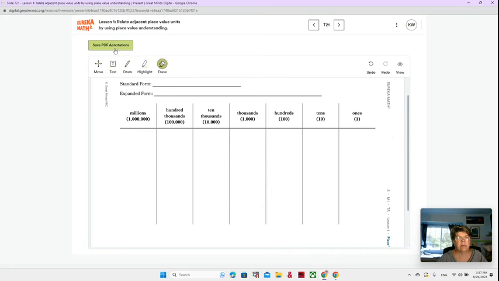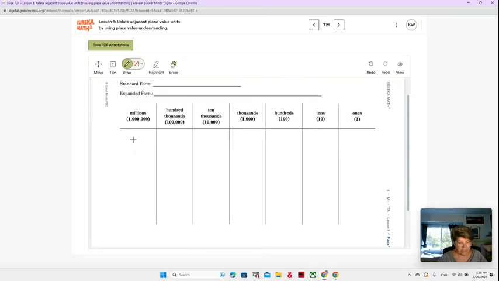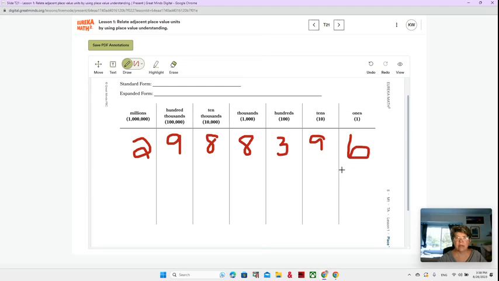That other number is 2,988,396. If it helps you, you can put the little commas in there as long as you know that they're not numbers.